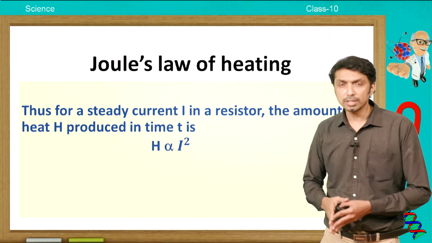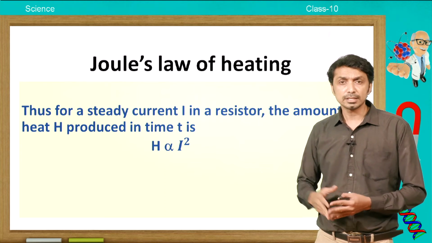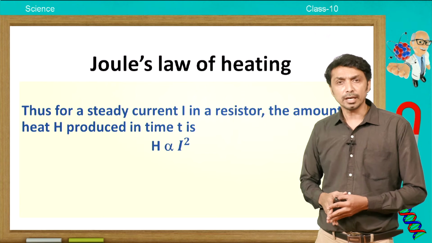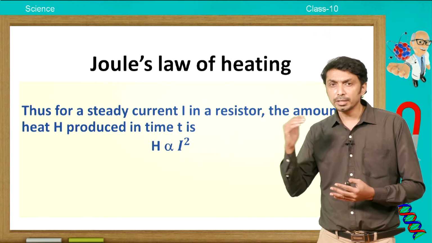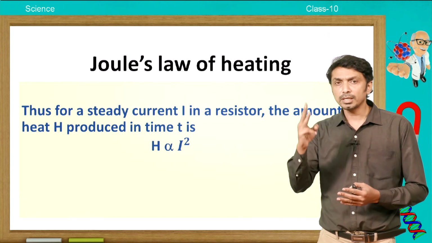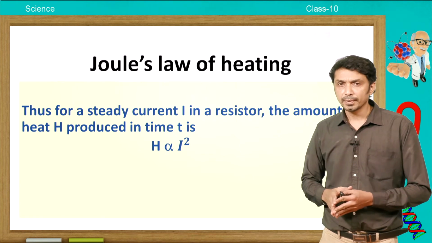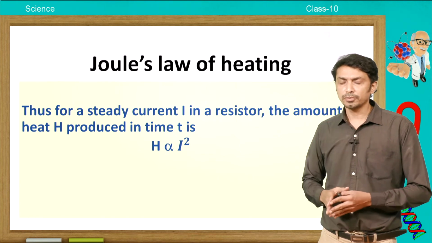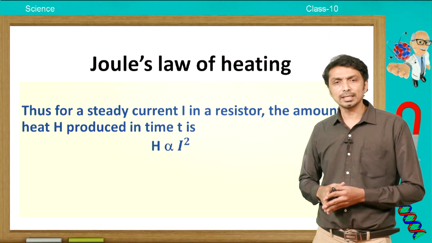Now, based on Joule's law of heating, what are the things that we can derive? Yes, there are three things that we can derive, or we can also say that the amount of heat produced in an electrical circuit depends on three important factors. Which are those factors? I think you should remember that equation, H is equal to I squared RT, right? So, I is electrical current.